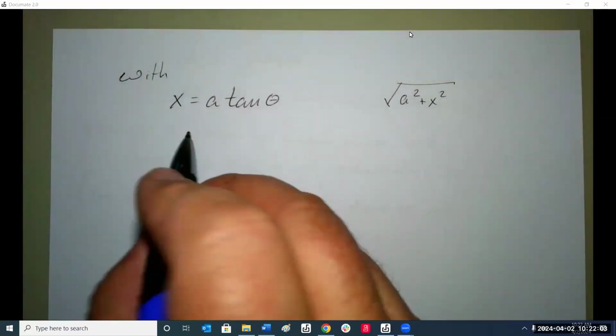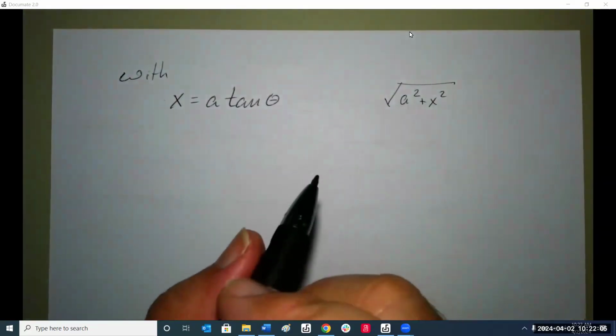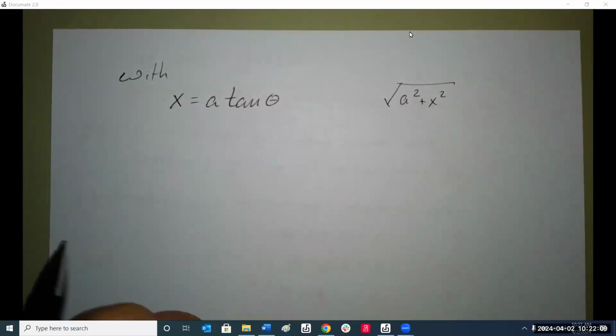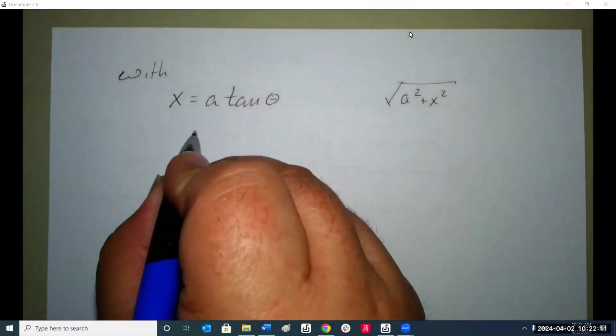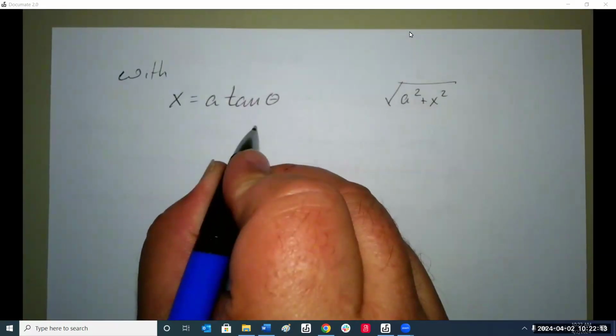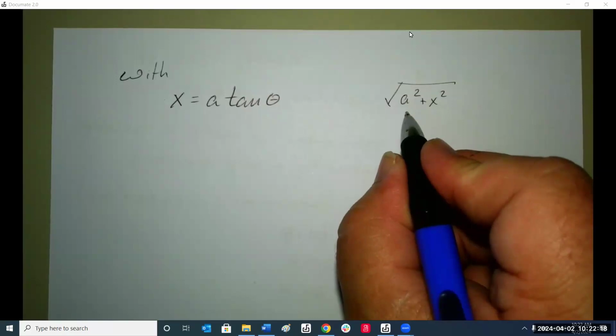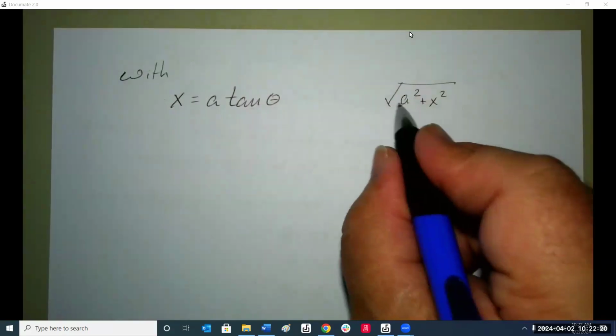Okay, for our tangent function, let's look inside that.